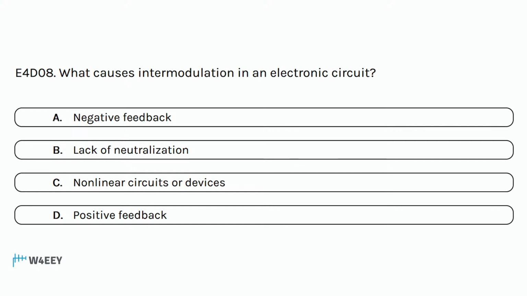And what causes intermodulation in an electronic circuit? Charlie. It is nonlinear circuits. It could be output power amplifiers. It could be a rusty bolt. It could be anything that's going to have a rectification effect.